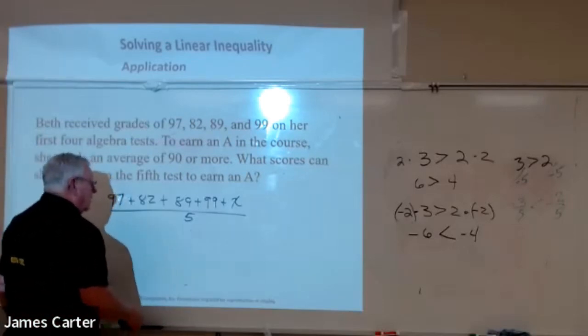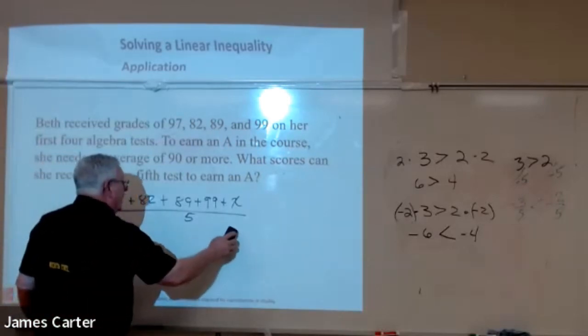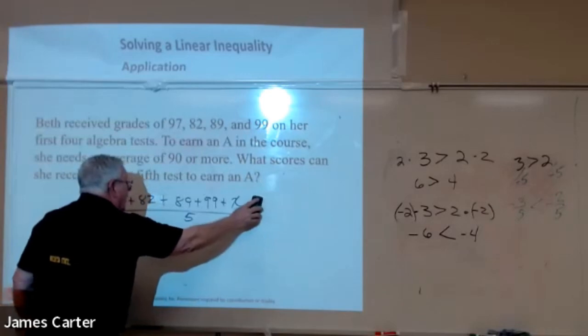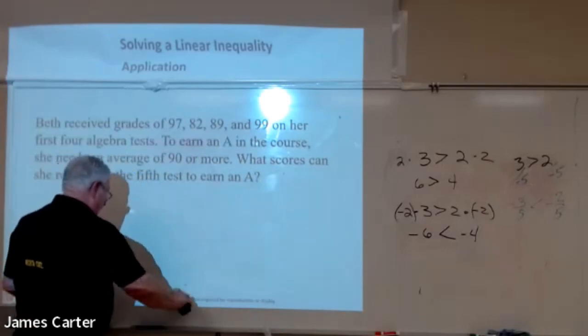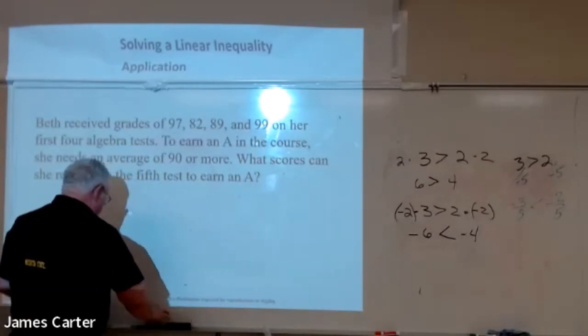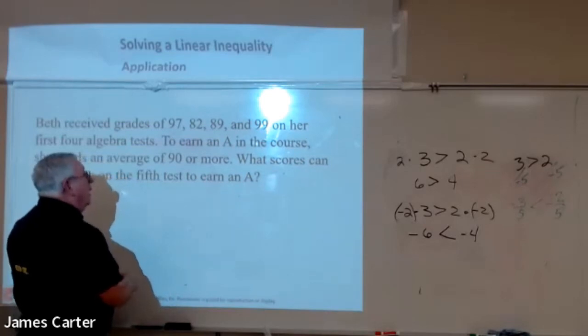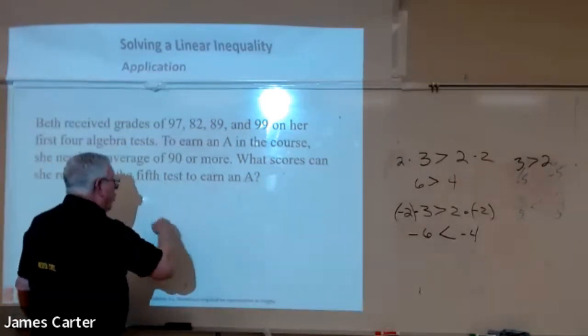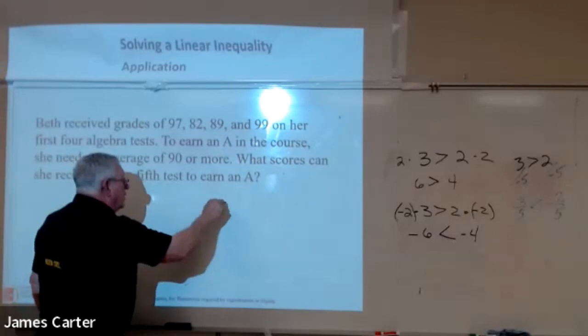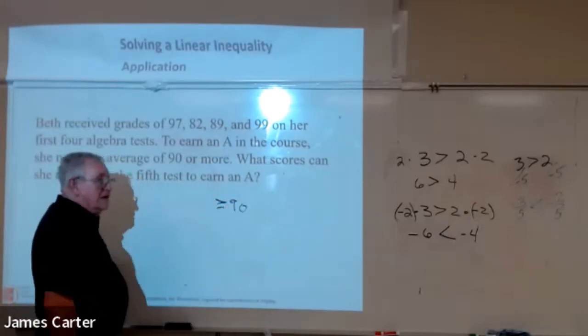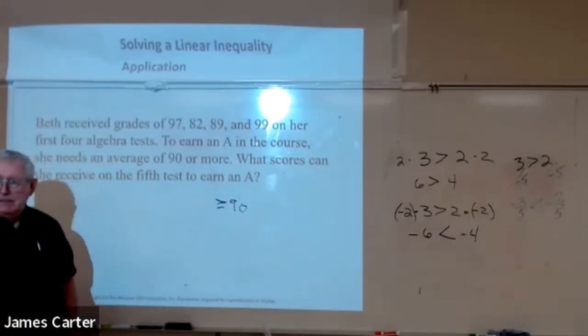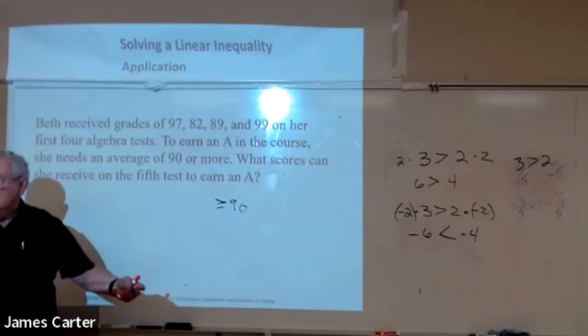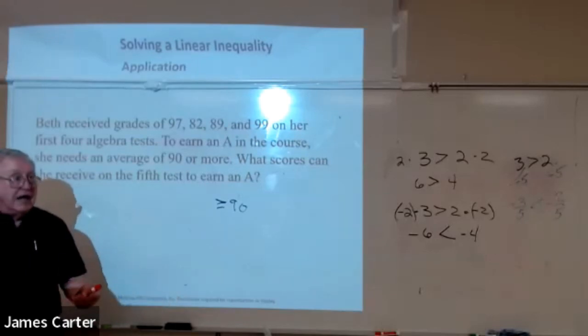Now, oh, you know what? I left something out. I left out the fact that all of this has to be greater than or equal to 90. Doesn't that make sense? If you got to have a 90 or better.